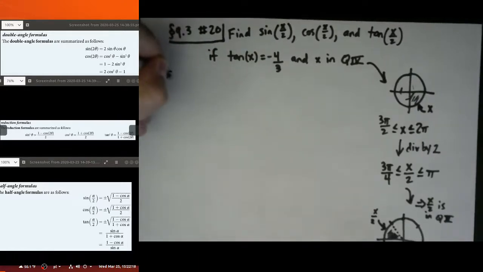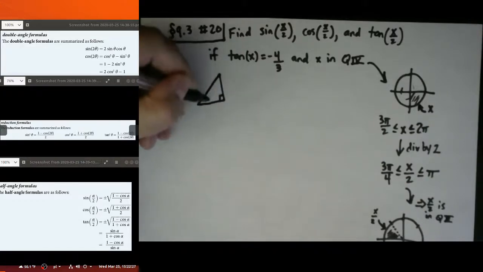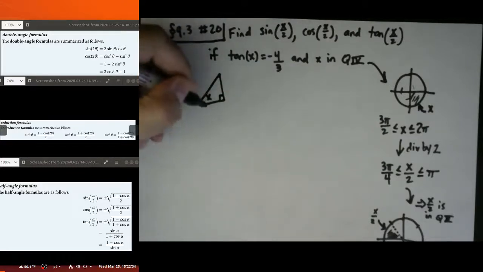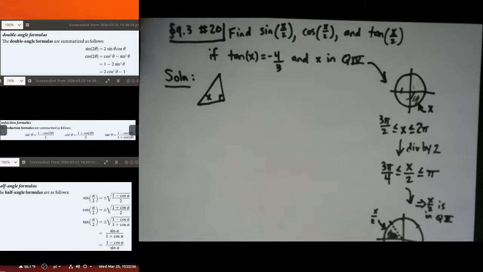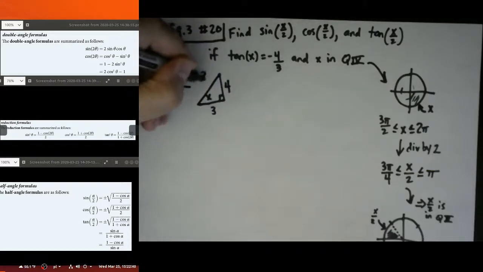Well, that just means I need to draw a triangle. Okay, most of trig works this way. So I take my everyman's triangle here. I put x in here, and then I have to fill out the sides to match 4 and 3. So the opposite over the adjacent. So here's 4, here's 3, and here's unknown.